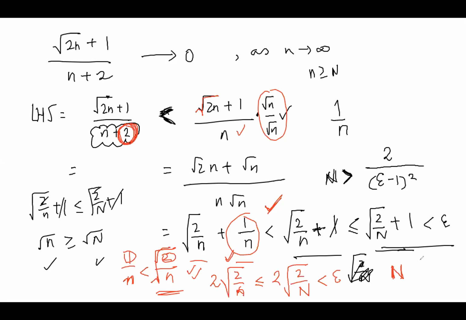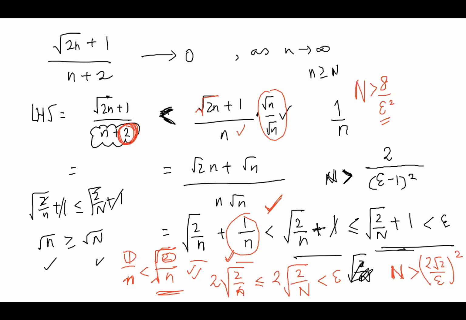So n will be greater than 2 square root of 2 over epsilon squared, which is basically n larger than 8 over epsilon squared.